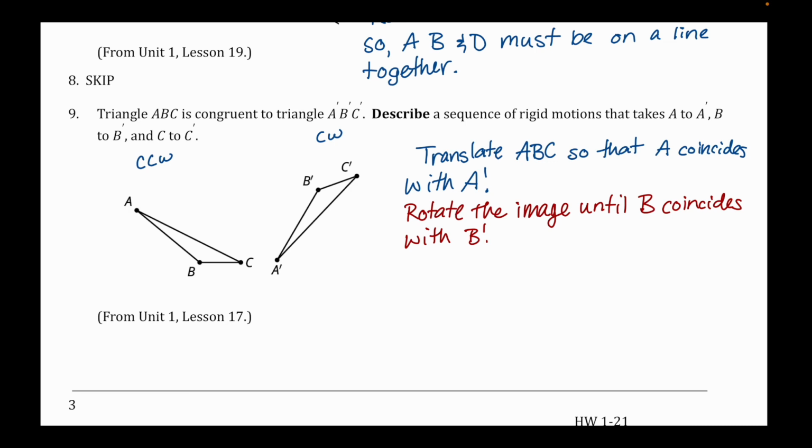The last step is then to reflect the rotated image across line A prime, B prime. So translate so that A coincides with A prime.